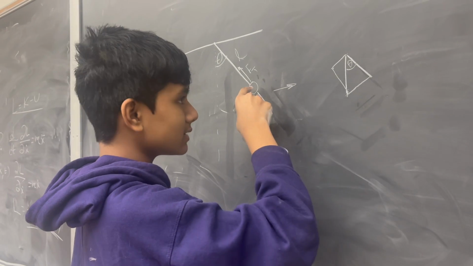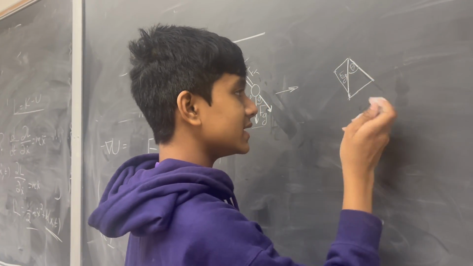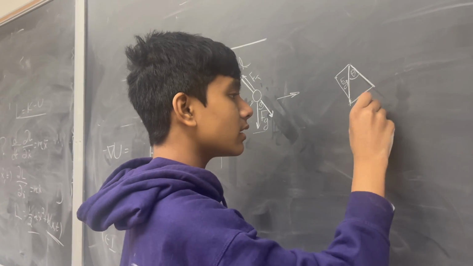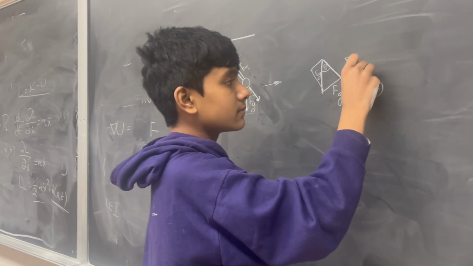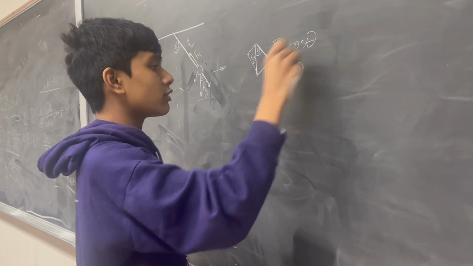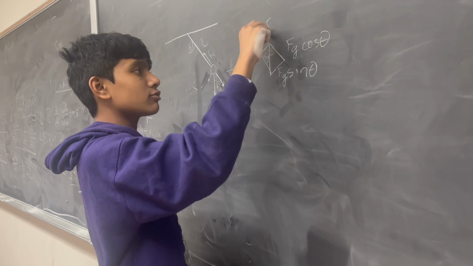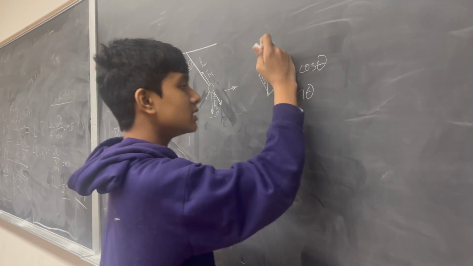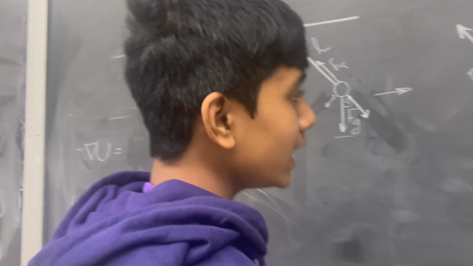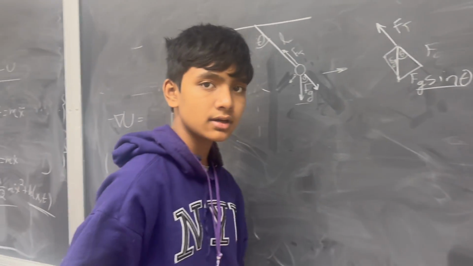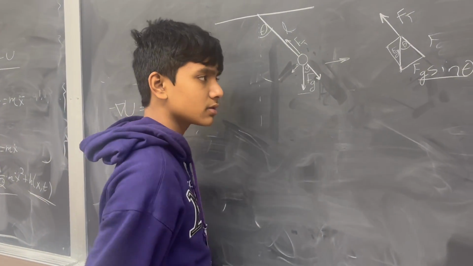Now the length of this vector is Fg, which means this vector is Fg sine theta, and this vector is Fg cosine theta. Now, we only care about the perpendicular direction because this parallel one is being counteracted by the force of tension. So we work this out of existence, and the only force we care about is Fg sine theta.